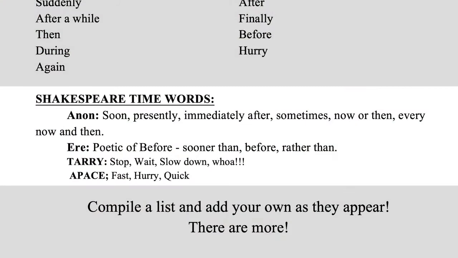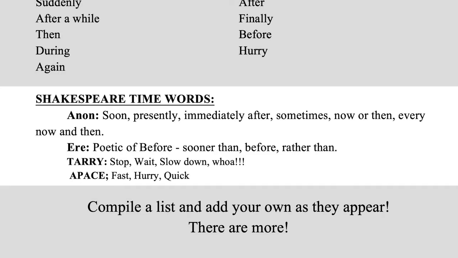Some Shakespeare time words, anon. Peter in Romeo and Juliet gets lots of laughs with the way he says anon. It means soon, presently, immediately, after, sometimes, now or then, every now and then. It's one of those words that has multiple meanings, but it's a time word. Ere, E-R-E, is the poetic for before.